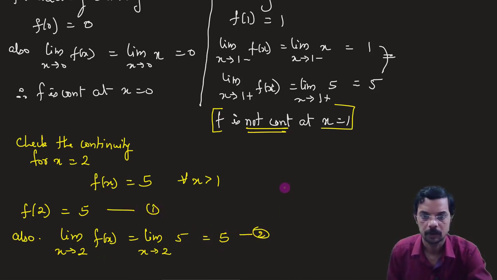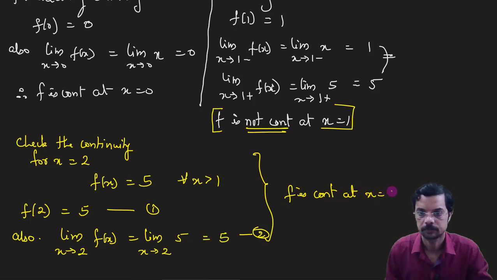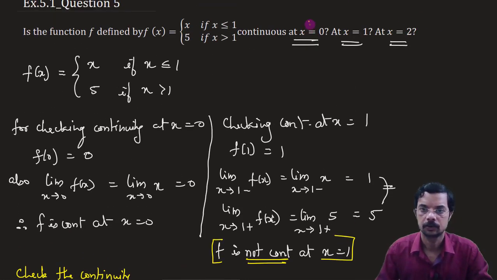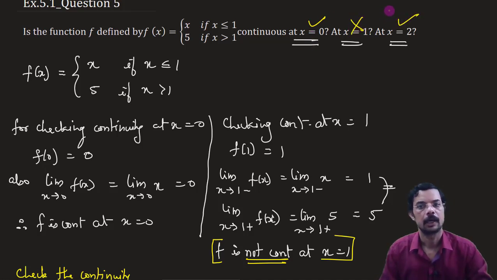So therefore in this case also f is continuous at x equal to 2. Okay, so we have shown that the function is continuous at x equal to 0, it is not continuous at x equal to 1, and it is continuous at x equal to 2. So only one point of discontinuity is present for this function.